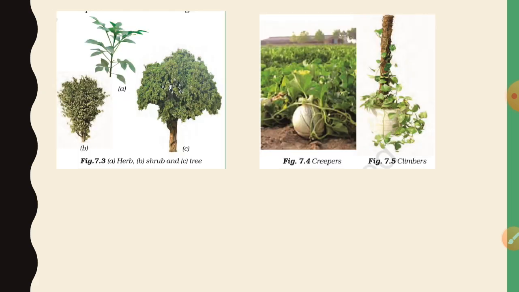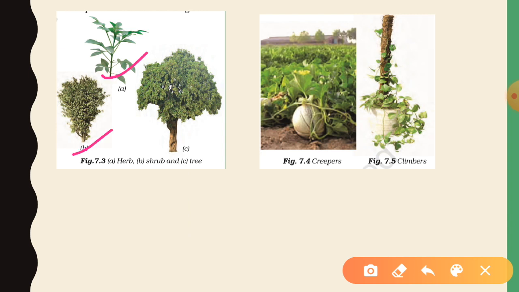Here you can see that two pictures have been shown to you. In the first picture, this is a tomato plant, a lemon plant, then a mango tree, here a pumpkin and a money plant. So you can see that all of them have differences in their stem, in their way of growth.